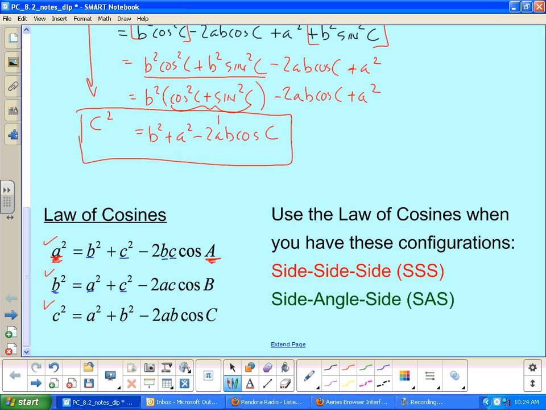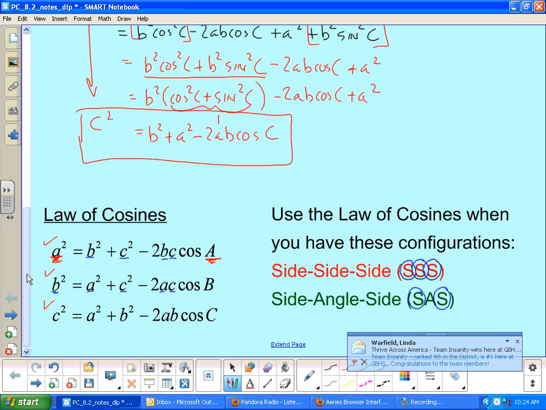A squared, c squared means those two have to be the sides, and then the c squared, that means b and a have to be attached to the cosine. So there it is. You're going to have to just commit that one to memory. And there are the two configurations. Again, having a majority of sides known, 3 sides here or 2 sides, is when I will use the law of cosines.